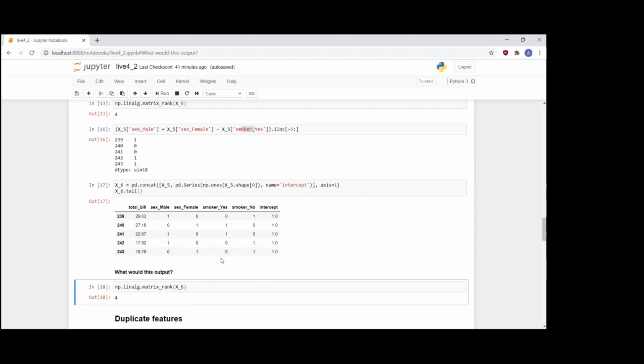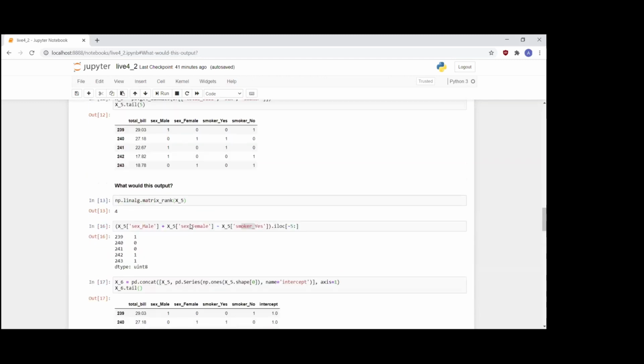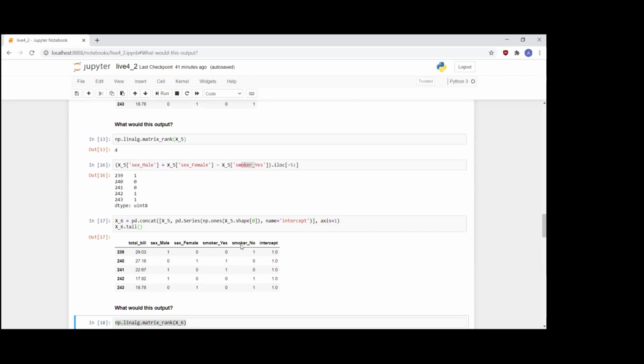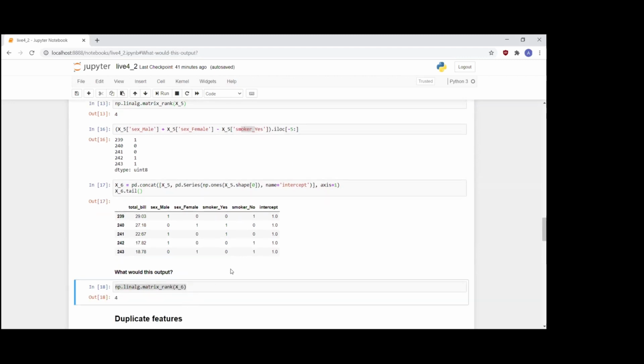So why is rank important? Does anyone want to answer that? Why do we want the rank to be the number of columns instead of less than the number of columns? Need to invert in least squares. Yeah, exactly.